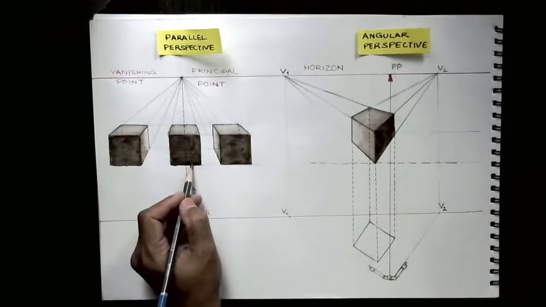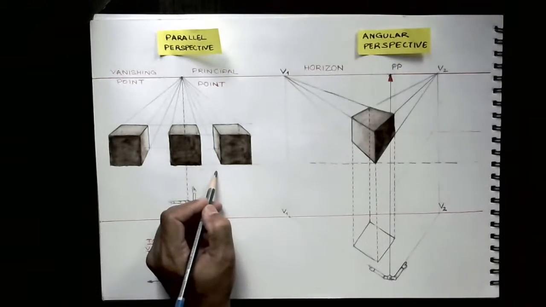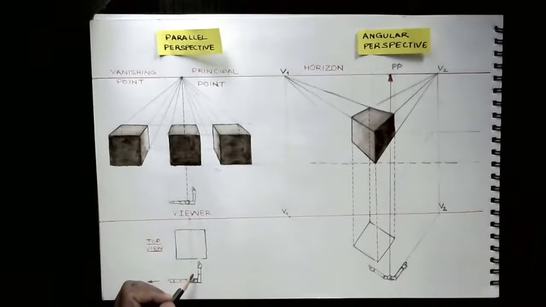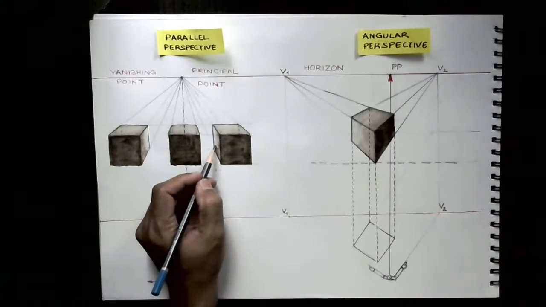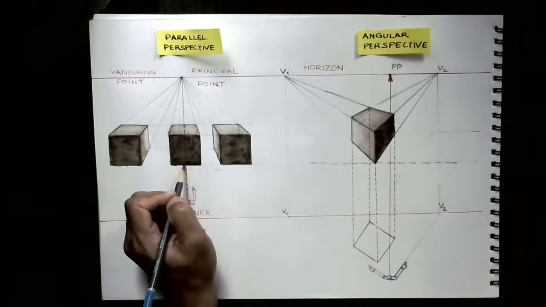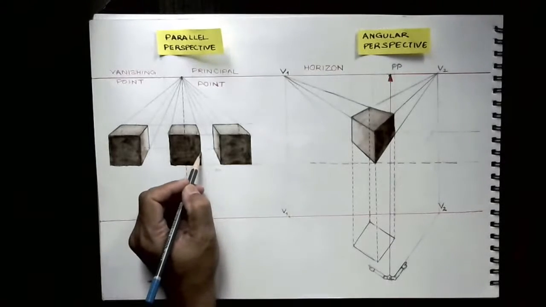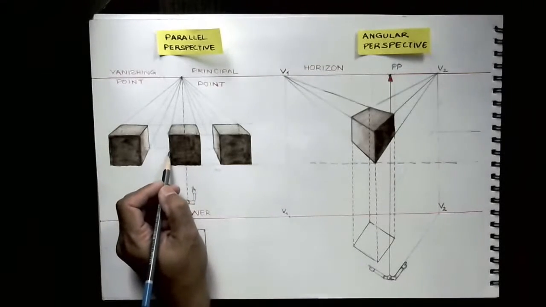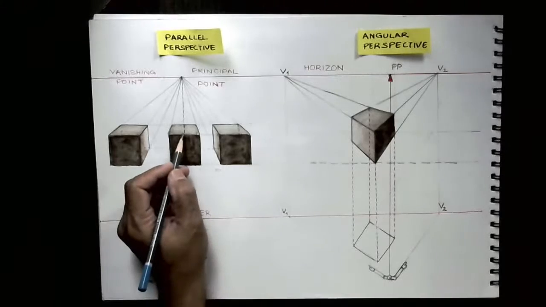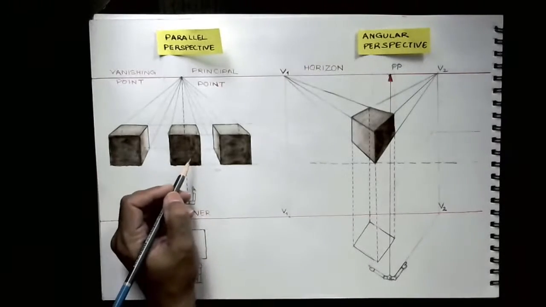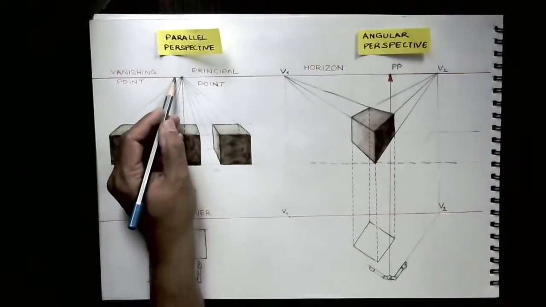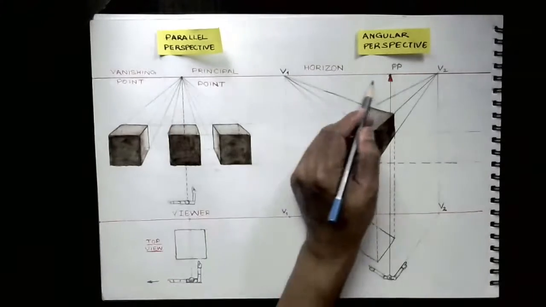Now suppose this object moves in this direction, the viewer will be able to see this space. Since he's in the middle, he is not able to see either this one or this one. And he is able to see the top because the object is held below the horizon. So this is the horizon line.